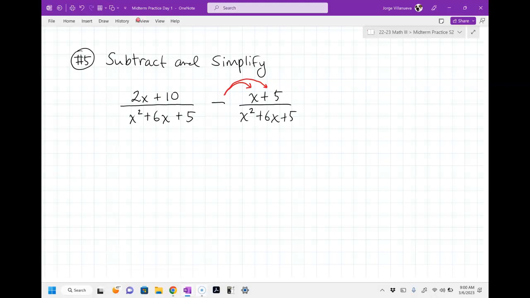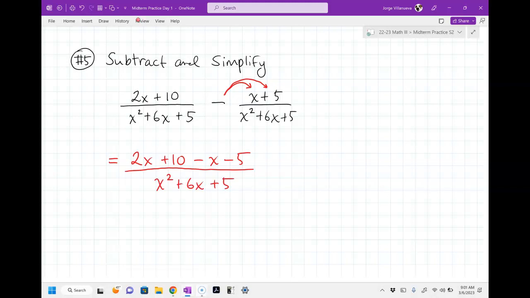All right, so we have 2x plus 10 over x squared plus 6x plus 5, minus x plus 5 over x squared plus 6x plus 5. Okay, now let's subtract the tops. So I'm going to put this right here, 2x plus 10 minus x minus 5, over, the denominator does not change, okay?